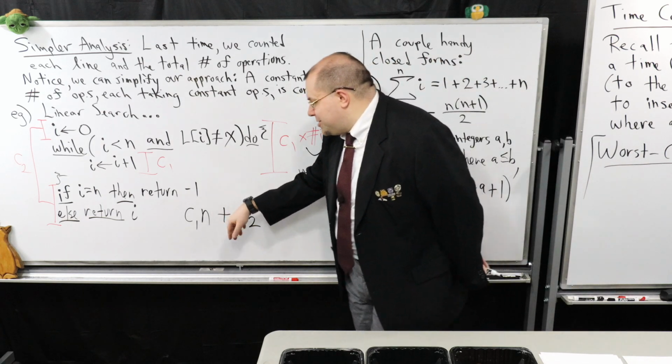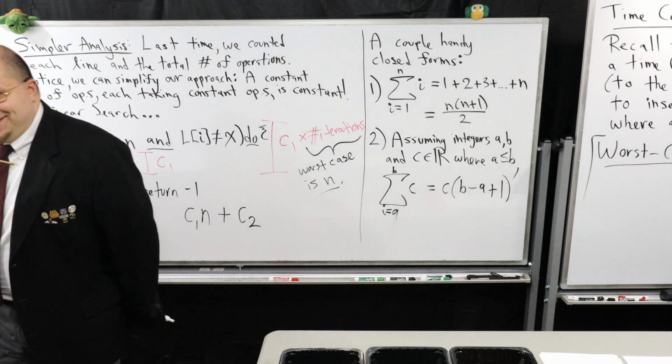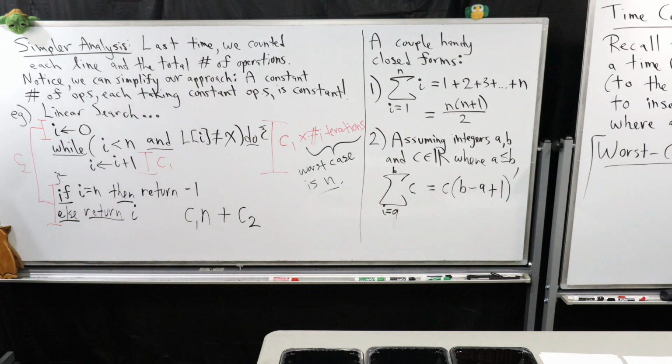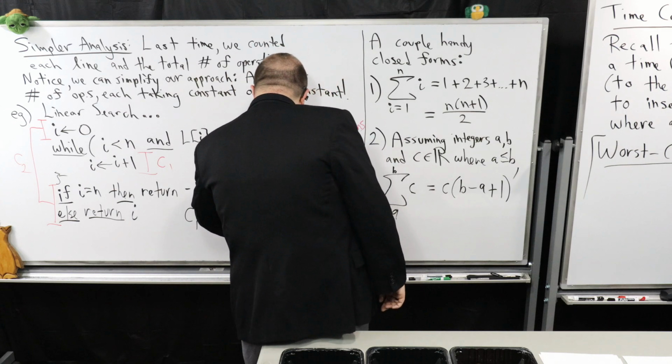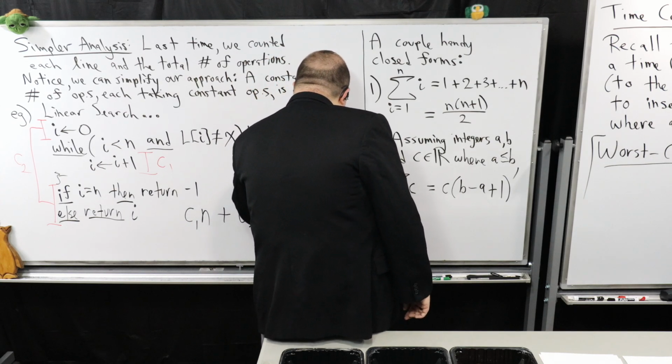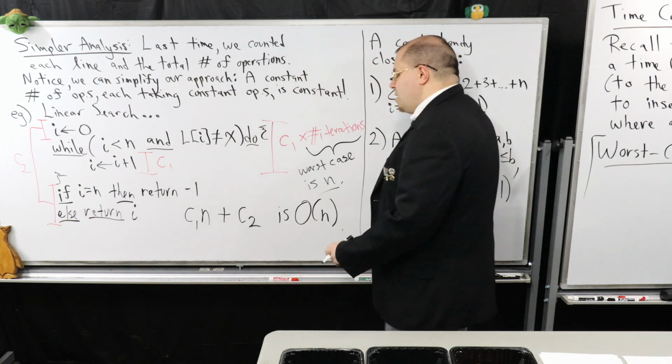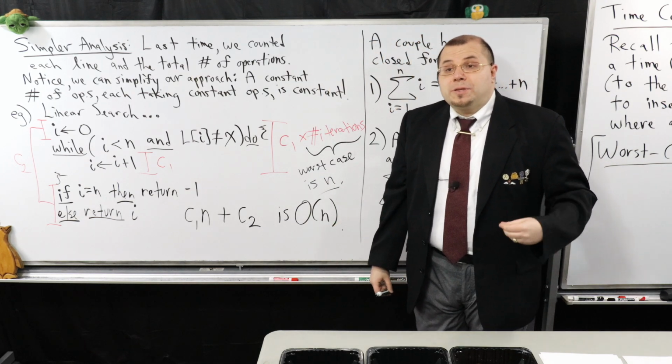And then I had some linear term times another constant, right? So notice that this is a much simpler complexity function to play around with. And if you've seen this, you'd be very compelled to say that this is big O of n, which we'll talk about hopefully today.